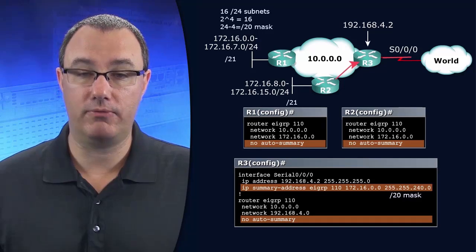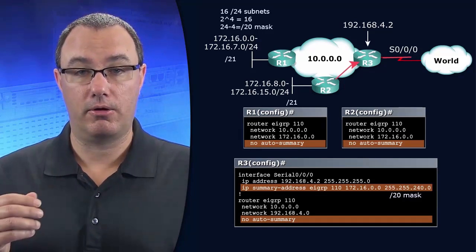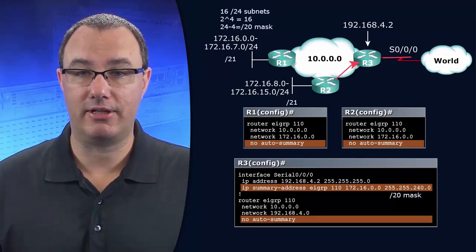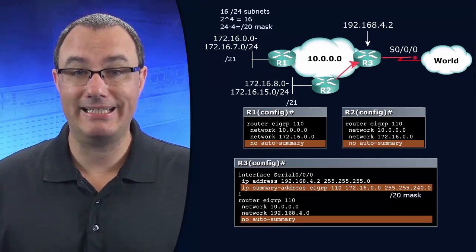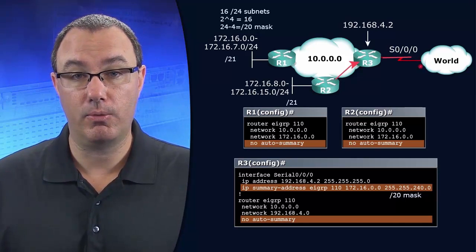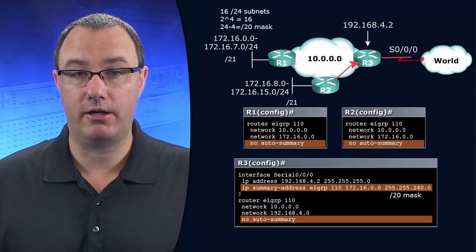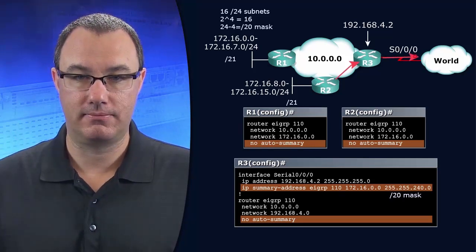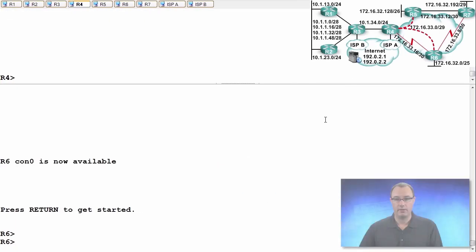So in that case, we've generated our route summary, and we're going to advertise that out to whatever other EIGRP routers are awaiting outside of serial 0/0/0. So it's directional. It's going in that direction. Now, let's do that on our topology.